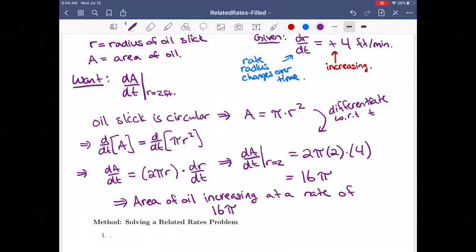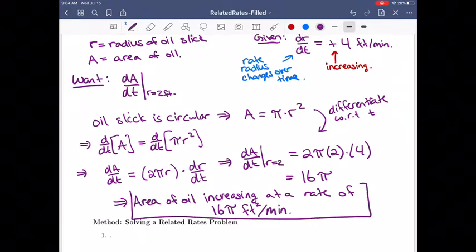The units for the radius are in feet, so area is going to be in feet squared. And it's over time, and time was in minutes, so again, it's per minute. So the area is increasing at a rate of 16 pi feet squared per minute.